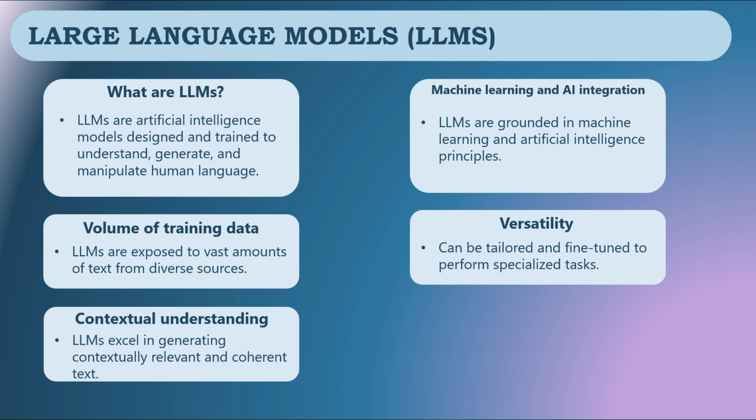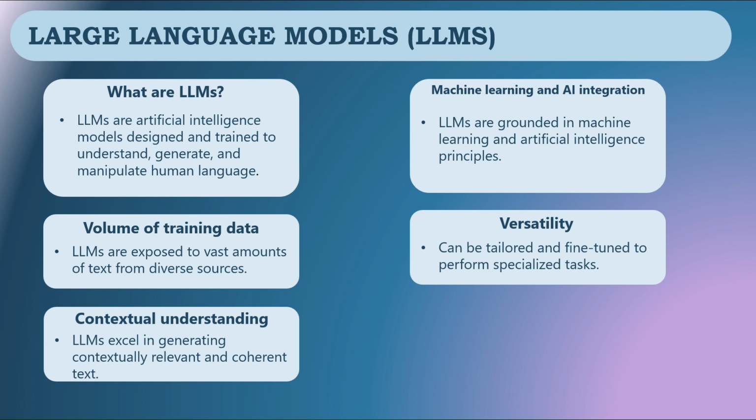LLMs also excel in generating contextually relevant and coherent text. Their ability to understand context allows them to provide meaningful contributions, be it completing sentences, paragraphs, or even generating a whole document that is contextually good. LLMs are grounded in machine learning and artificial intelligence principles.